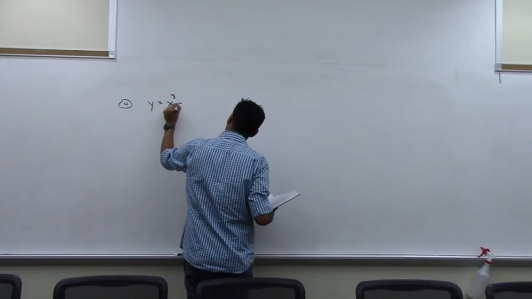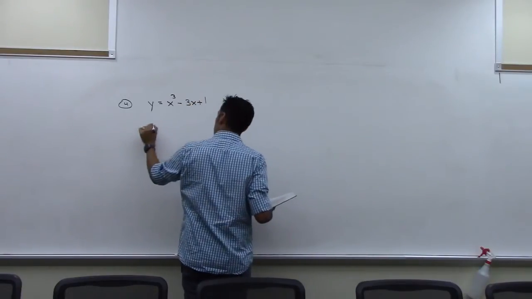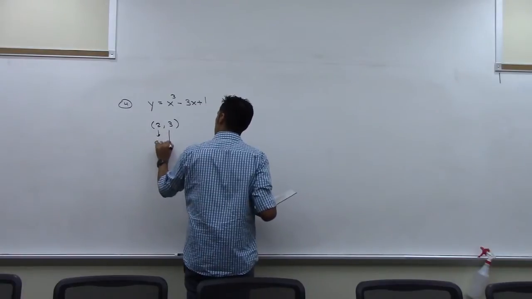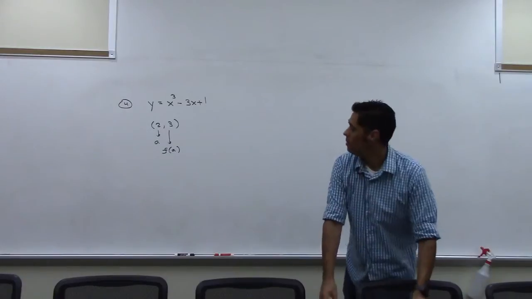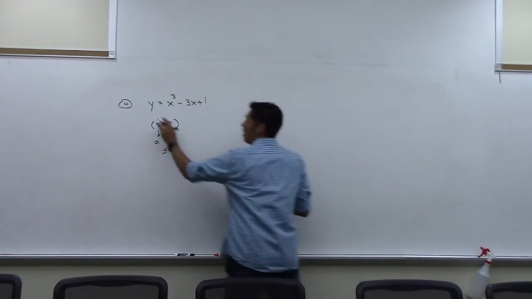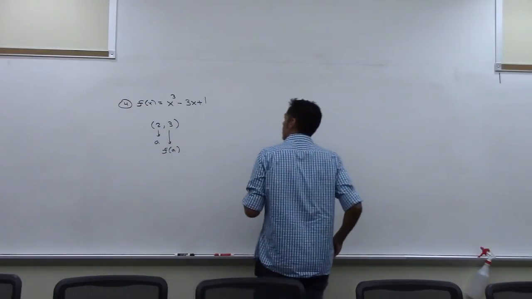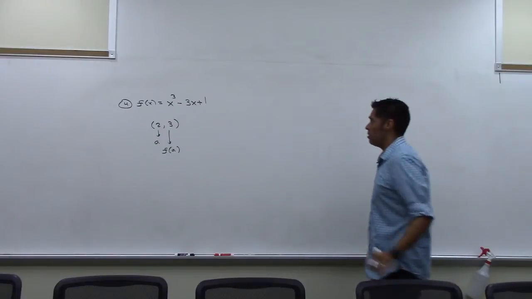X cubed minus 3x plus 1 at the point 2, 3. So let's keep in mind that this is a, this is f of a. I'm going to first start out by saying, forget this, I'm going to call this f of x. And they are not telling me which formula to use, so it's up to me.